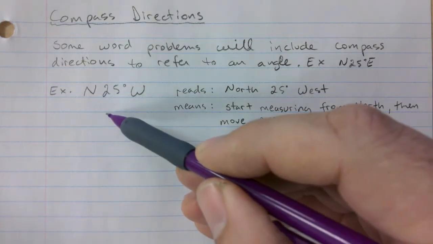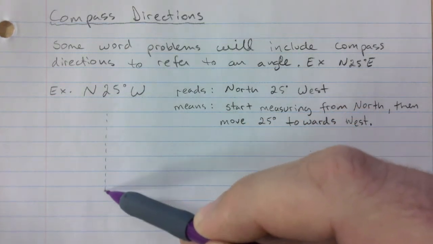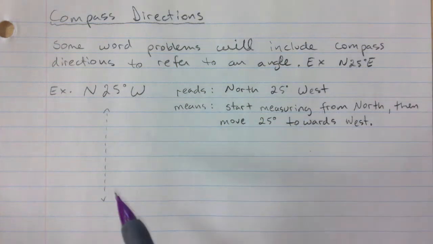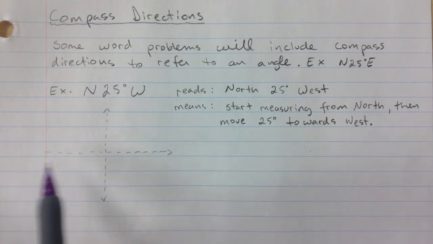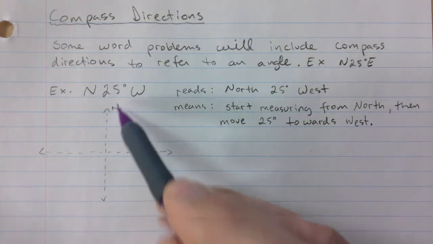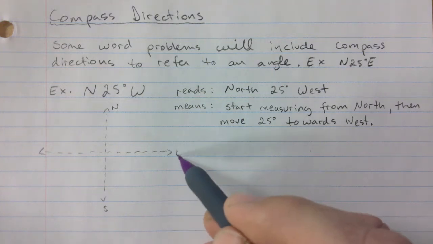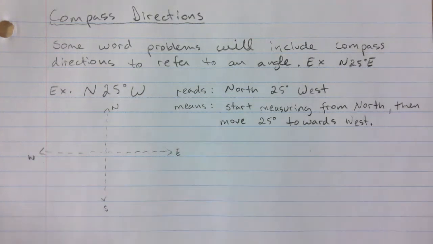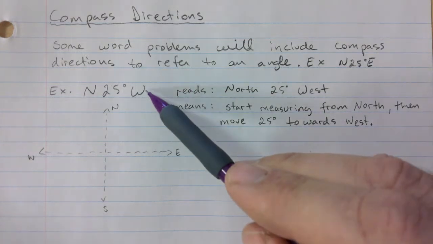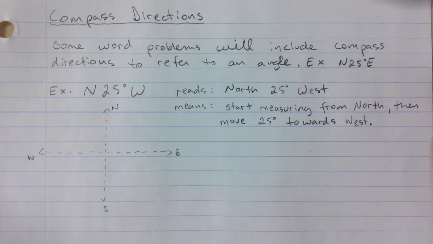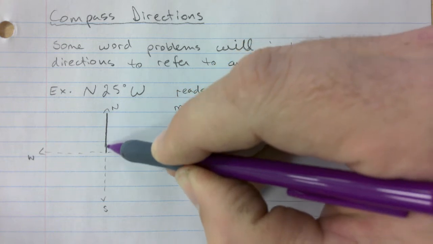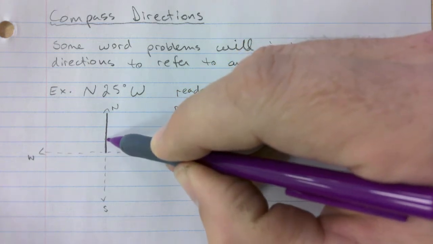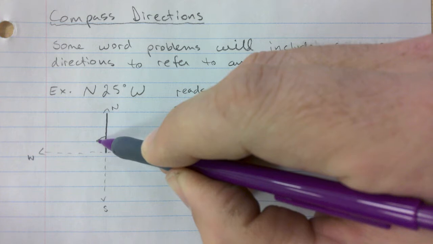If you consider your compass directions, let's make dashed lines. We're going to fill in solid lines in a bit. So you have your north, south, east, west. This particular angle that it's referring to, you will make your north line solid, and then you will move 25 degrees towards west.